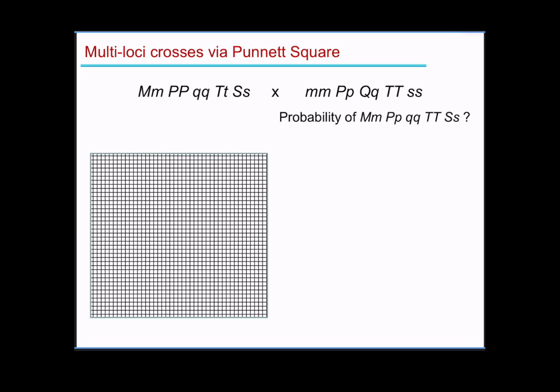Not fun. Not fun. So when you're approaching a multi-loci cross and you're deciding to see if you would like to apply probabilities and split it into several monolocus crosses, or you might want to go ahead and draw the Punnett square, one of the first things that you need to decide is how much you can reduce this square. Because the 32 by 32 is without any type of reduction.